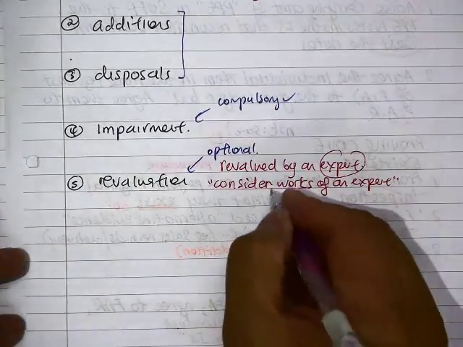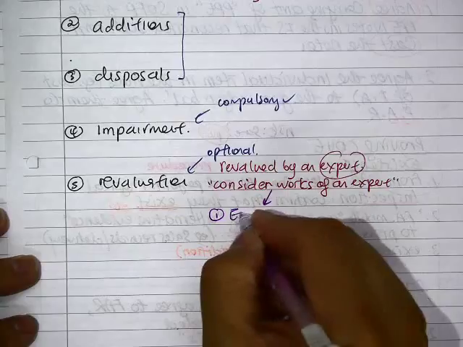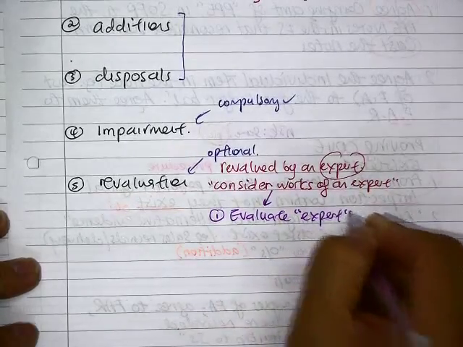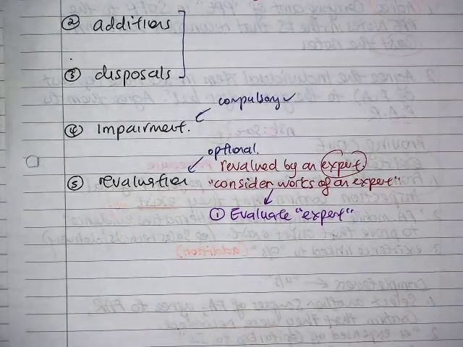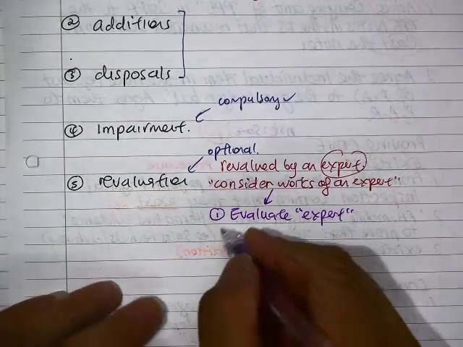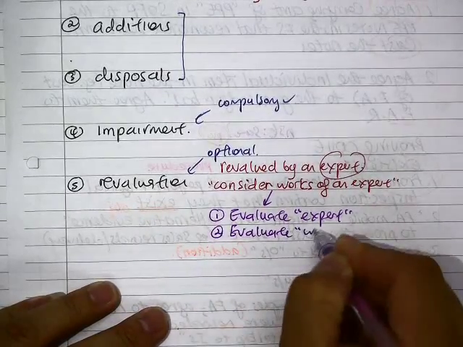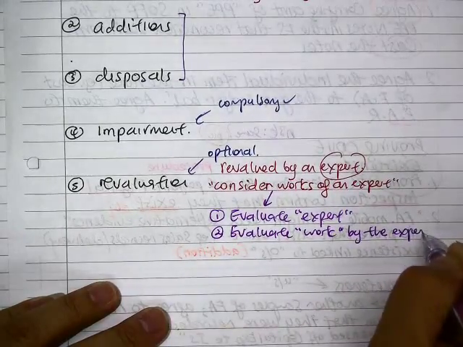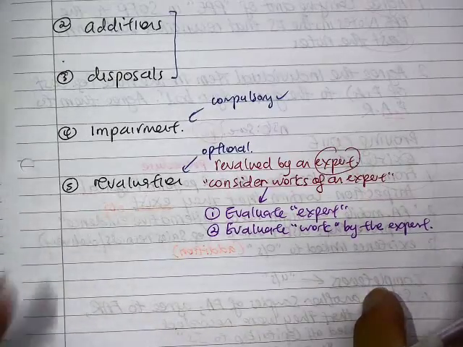First, you need to evaluate the expert. Only after you have evaluated the expert and you're happy with him must you consider evaluating the work by the expert. The expert and the work are two different things.